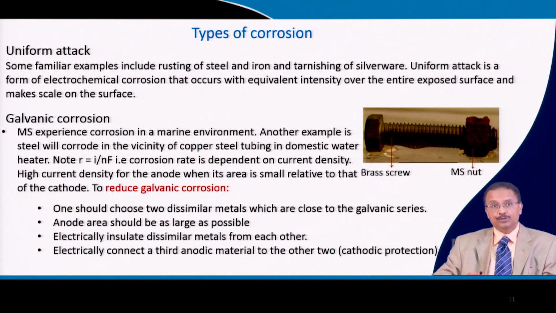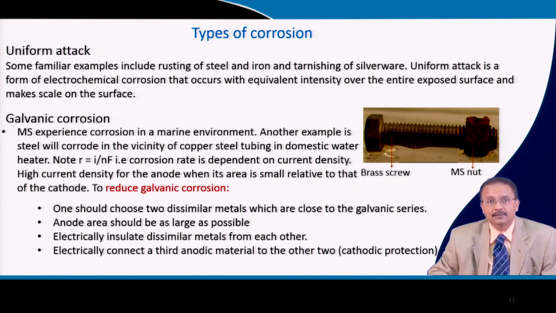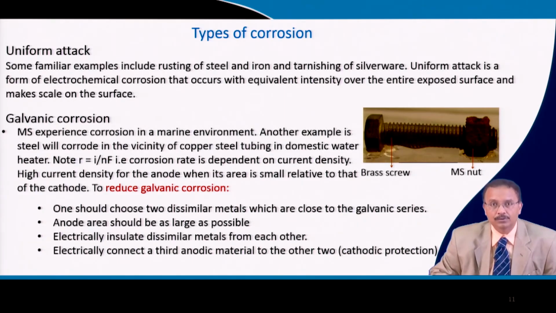One should choose two dissimilar metals which are close in the galvanic series, so that the corrosion is minimized. As I said, the anodic area should be as large as possible, so that the I by A is small and the corrosion penetration rate is lowered.